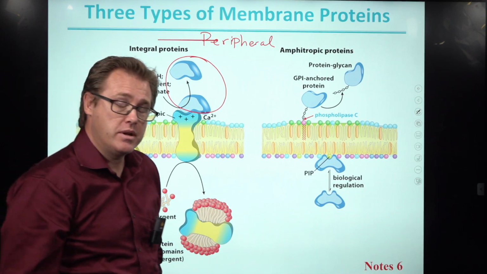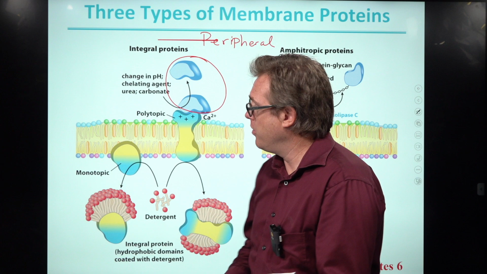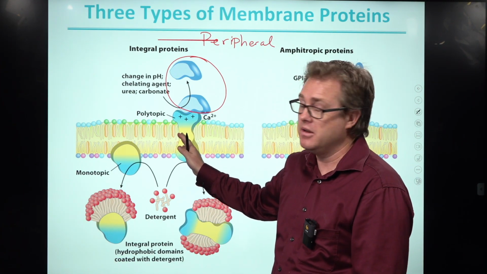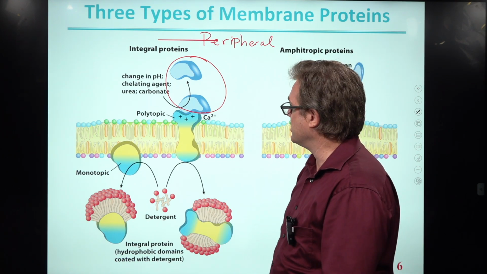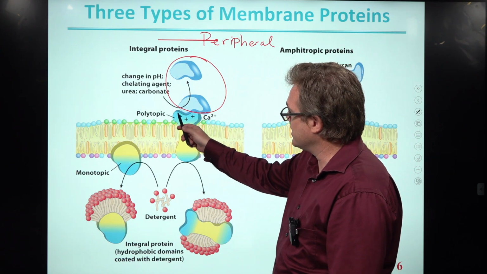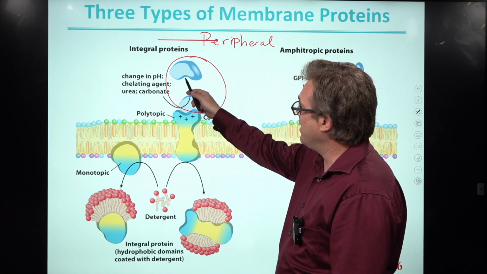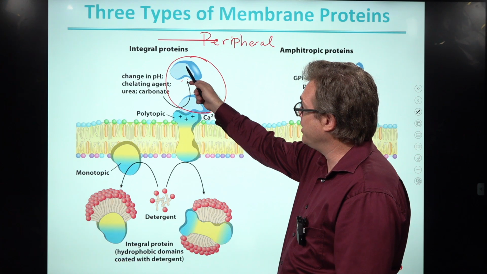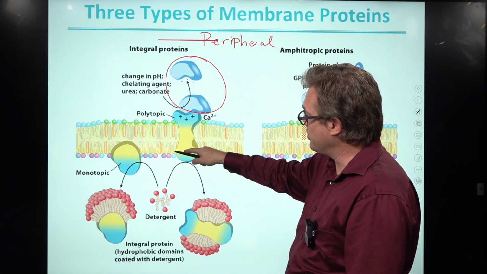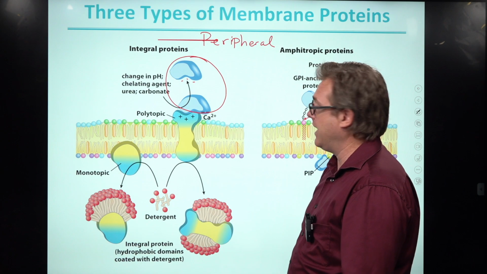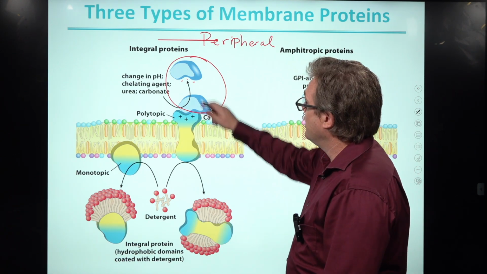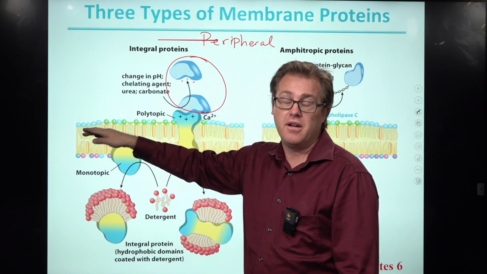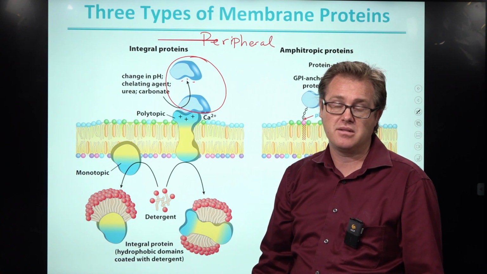And peripheral proteins are going to interact with other proteins that are in the membrane or on the membrane by electrostatic interactions. So you can see that there's some positive charges here on this protein, and so there's going to be some negative charges there on that peripheral protein, and that's going to associate with this protein that's in the membrane by electrostatic interactions. These peripheral proteins can also interact with the membrane itself via electrostatic interactions.